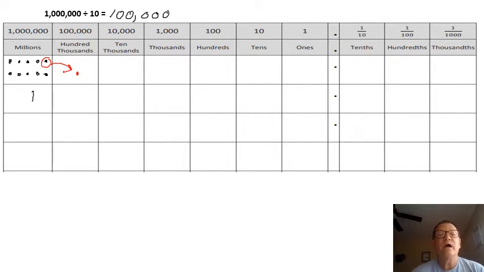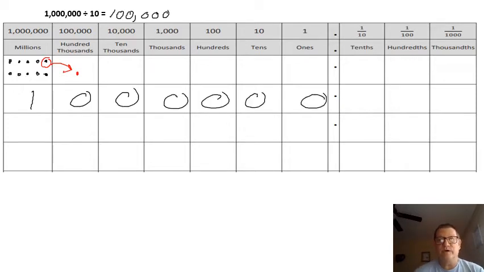Okay, I'm going to go ahead and write in 1 million. Now I'm dividing by 10. Since I know each place value to the right is 10 times less, that means each one of these digits is going to shift one place value to the right.